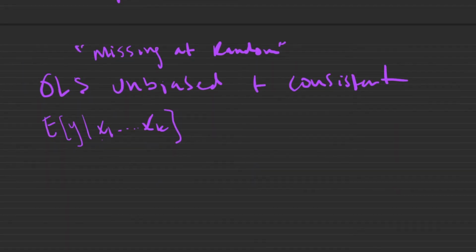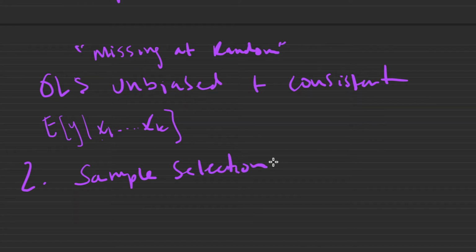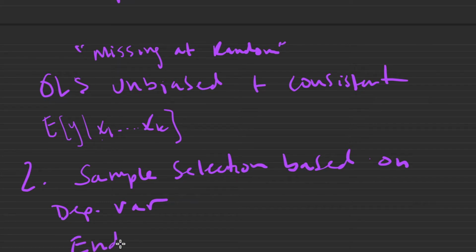The second case is sample selection based on the dependent variable, which is also called endogenous sample selection.